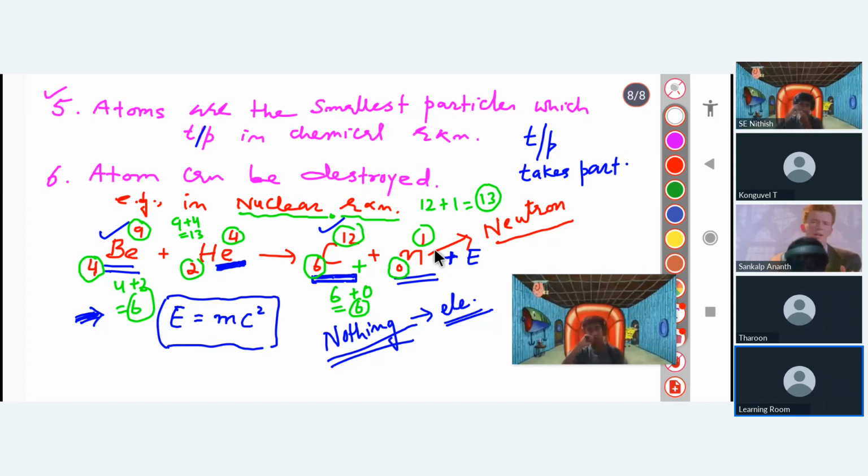You have to balance as it is because this is a nuclear reaction. You cannot add anything. Have you got it? This is one of the reactions with which we discovered the neutron, which we will study ahead. But first remember that atoms cannot be destroyed. This is one of the postulates of modern atomic theory.